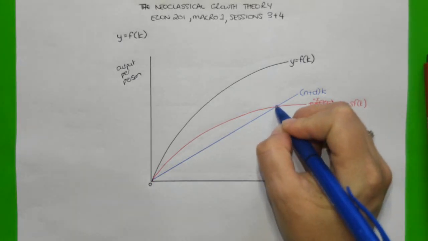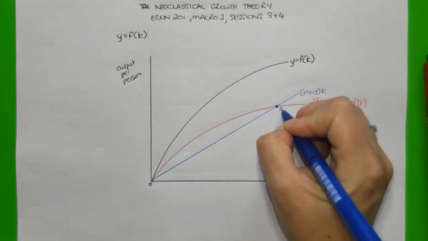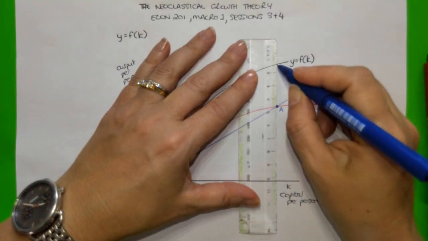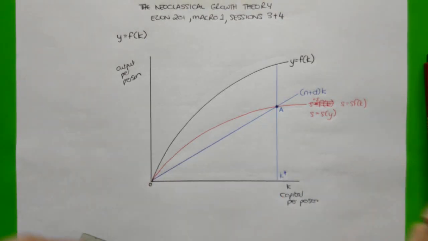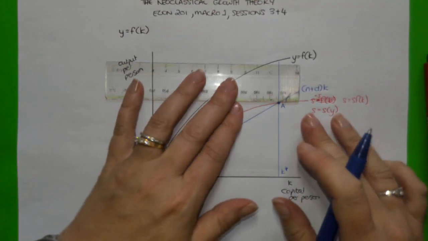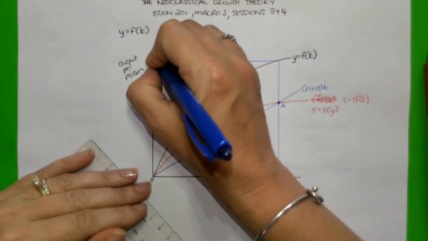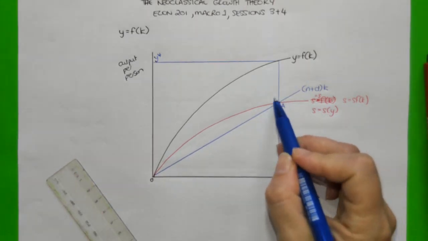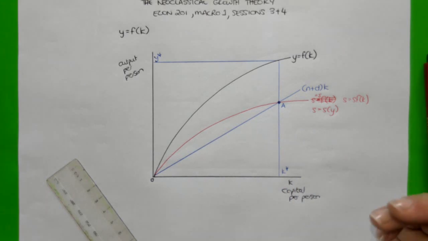Steady state on the diagram refers to where the investment requirement line and the savings function intersect each other at point A. And in fact, this is such an important point that we are going to label the level of capital stock that's associated with that intersection, as well as label the level of output per person that's associated with that intersection. And what is going on at the steady state that makes it such an important point?